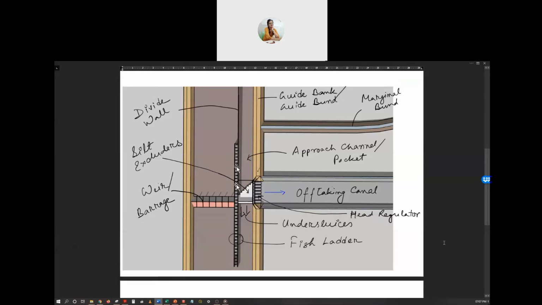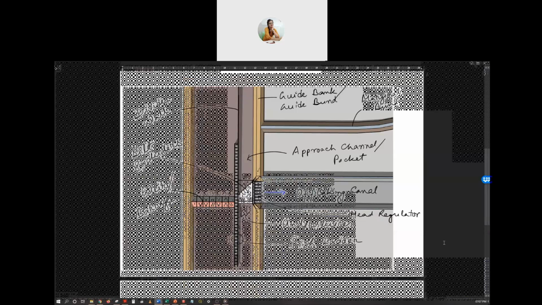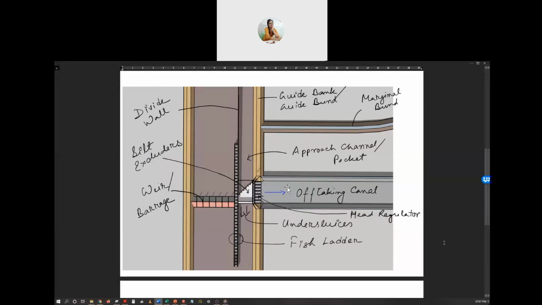We'll see how this fish ladder works later. And this is a structure which is called silt excluder. This is provided so that the silt is trapped inside this and it cannot enter the off-taking canal, because this is a canal which is used for irrigation purpose, and if silt enters this canal, then after some time silt will be deposited in the canal and its bed will be raised and its capacity will be decreased.